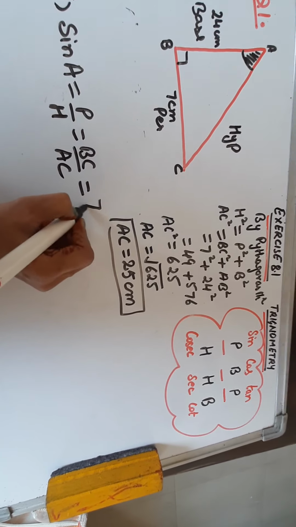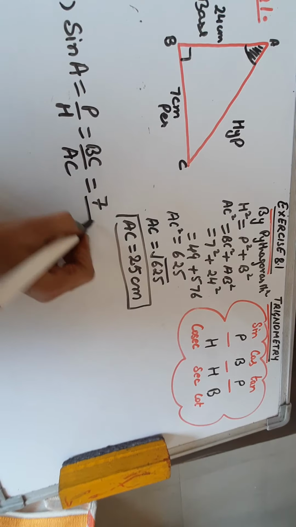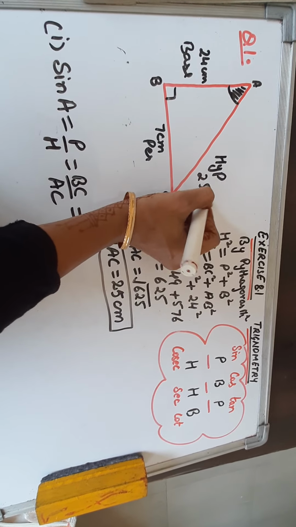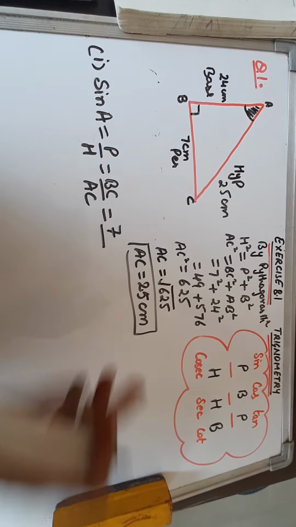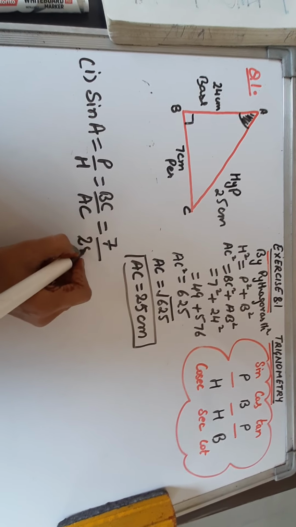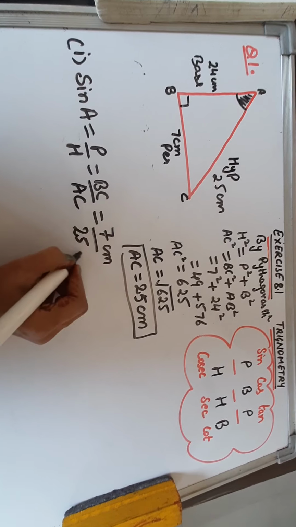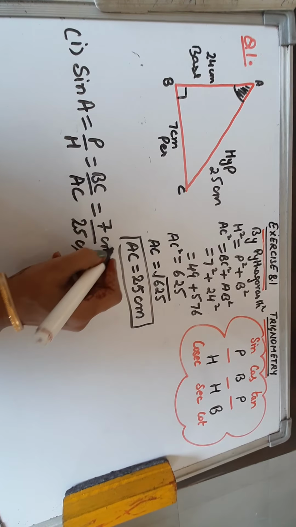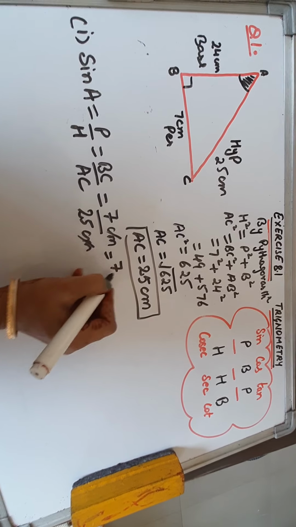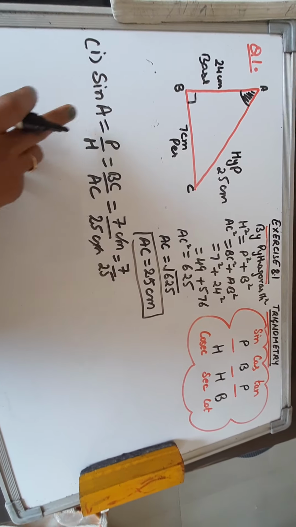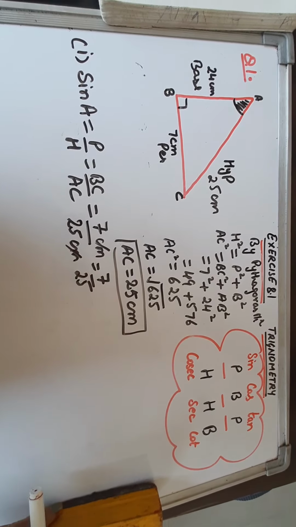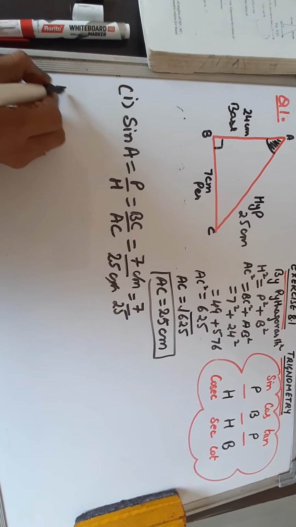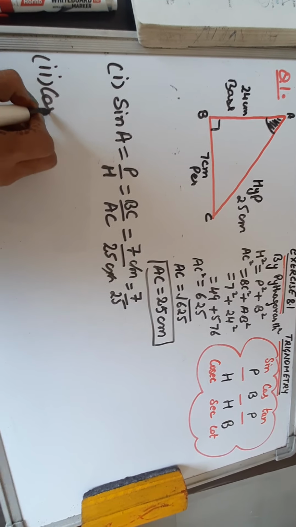BC is 7 centimeter, which is given to us, upon AC is 25 centimeter, which we found out here. Both are in centimeter, so the unit gets cancelled out. We'll get 7 by 25 as the answer, because this is a trigonometric ratio and the ratio is represented without the units.